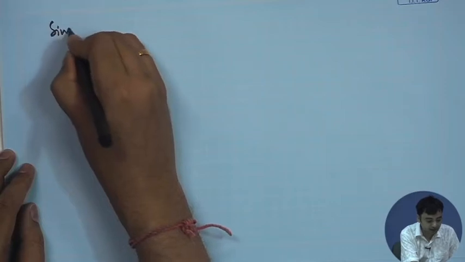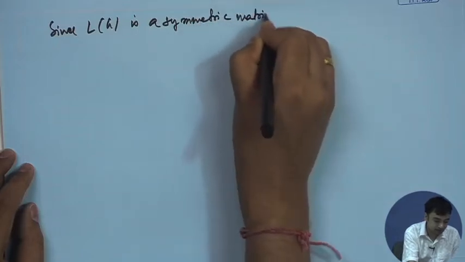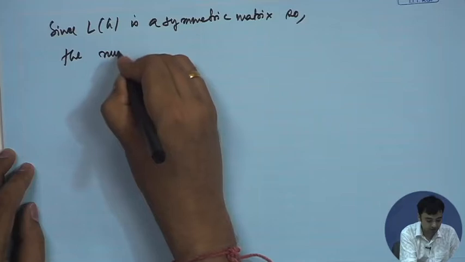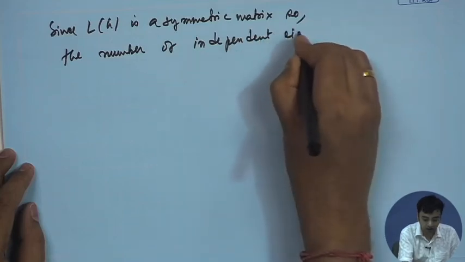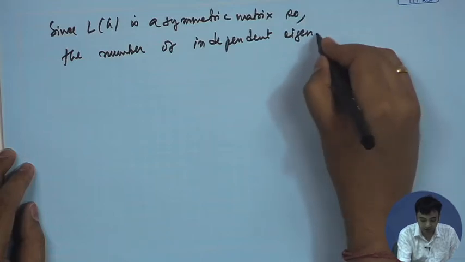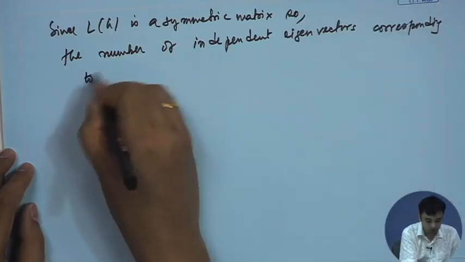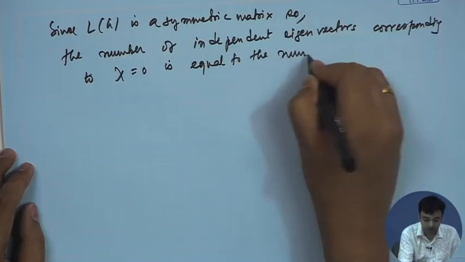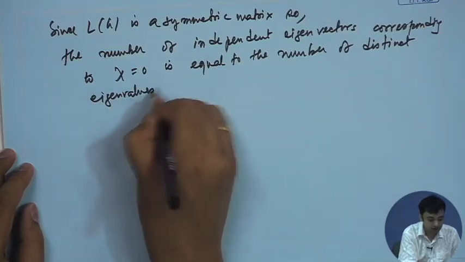Basically what I want to say is that since LG is a symmetric matrix, the number of independent eigenvectors corresponding to lambda equal to 0 is equal to the number of distinct eigenvalues equal to 0.